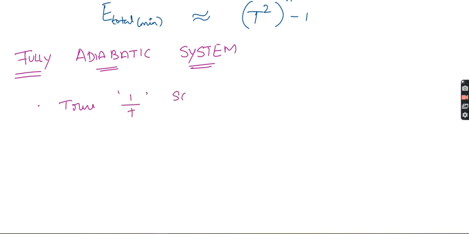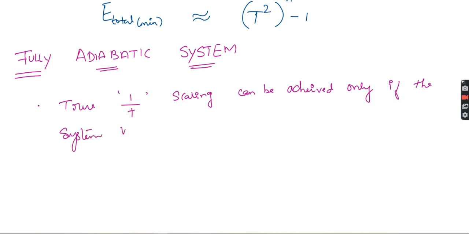The 1 by t scaling can be achieved only if the system uses adiabatic charging throughout.